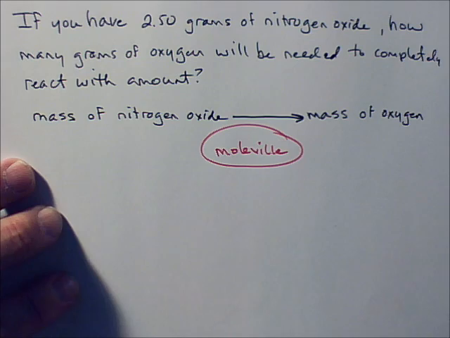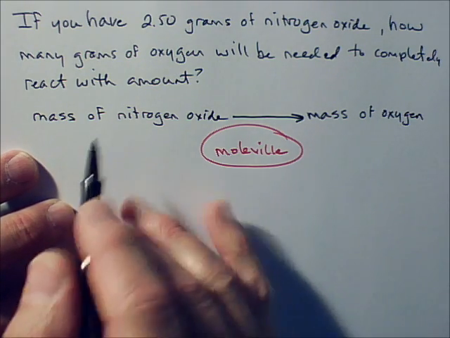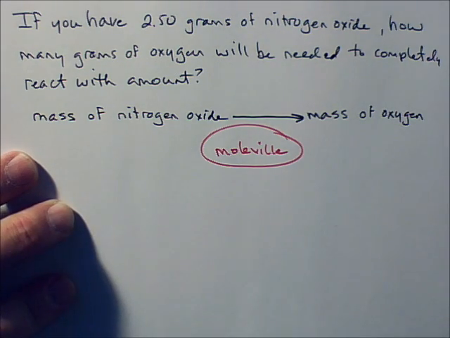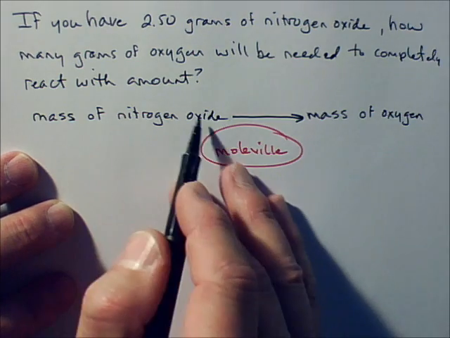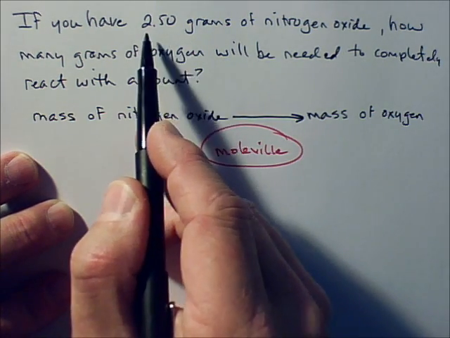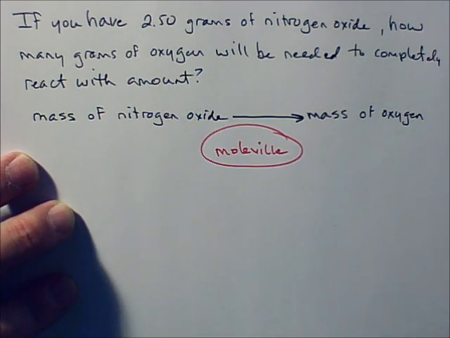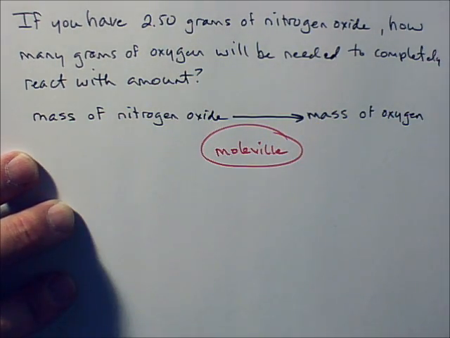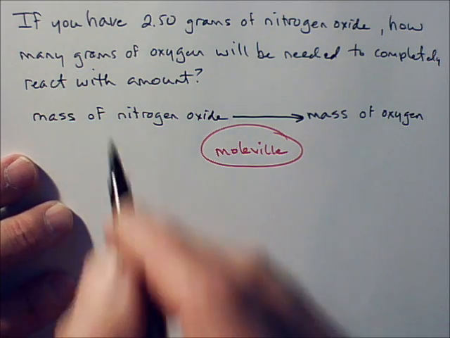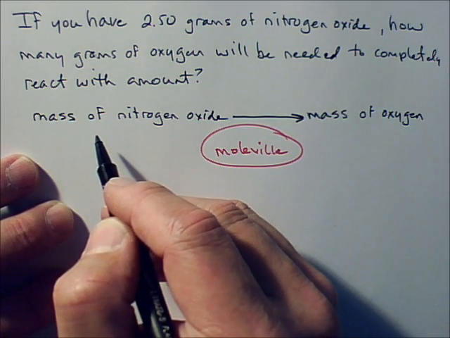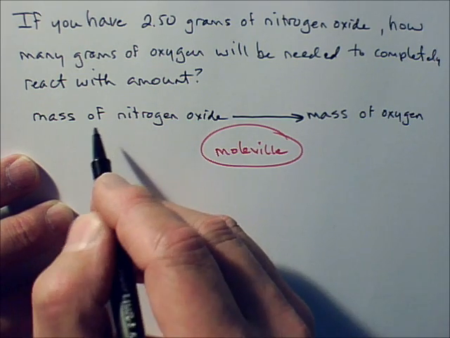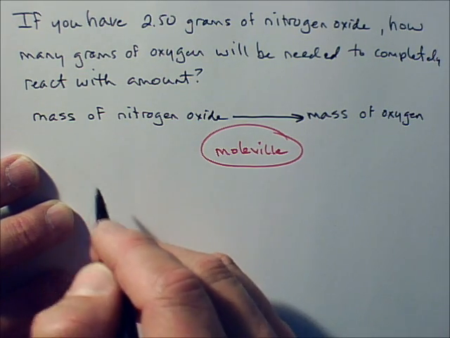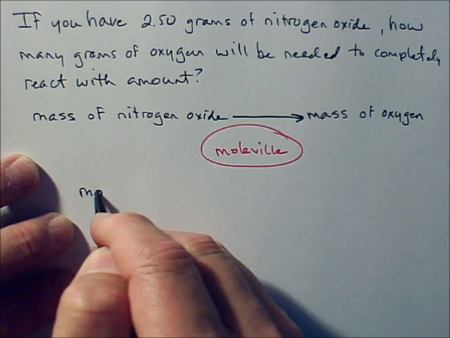So here's what we have to do. We have to first convert the 2.50 grams of nitrogen oxide, which is the mass, to the moles of nitrogen oxide.